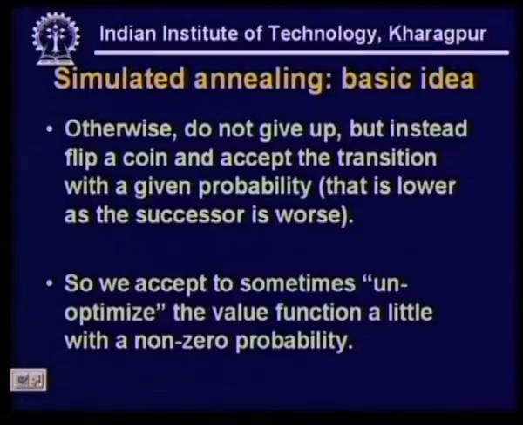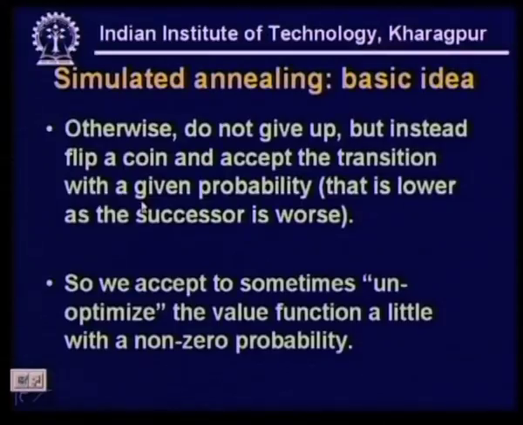If it has a worse value, we do not give up, but with some probability we accept a worse transition. So, we flip a coin and accept the transition with some probability. So, we sometimes accept non-optimal solutions.